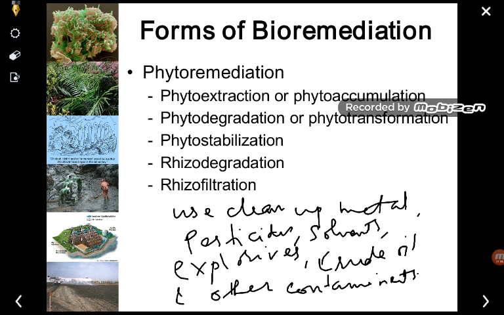These are certain contaminants which may be present in the soil. If contaminants like pesticides, solvents, explosives, crude oil are present in any type of soil, water or air, this can be cleaned by means of plants, normally in the case of soil. You know why? Because plants can grow only in the soil, and if the soil contains contaminants, they can be easily absorbed by the plants.